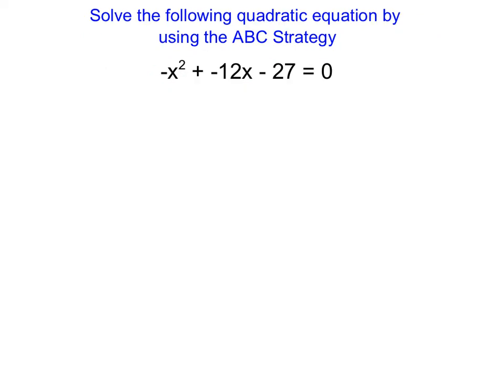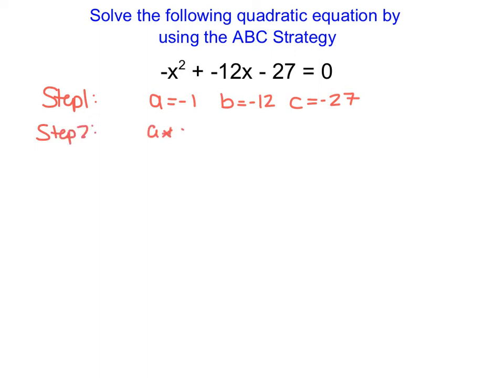So let's try a second example here. So we're going to start with step 1, which is to identify a, b, and c. So we have a is equal to -1, b is equal to -12, and c is equal to -27. Then step 2, we multiply a times c, which in this case becomes 27, and we add to b, which is -12.